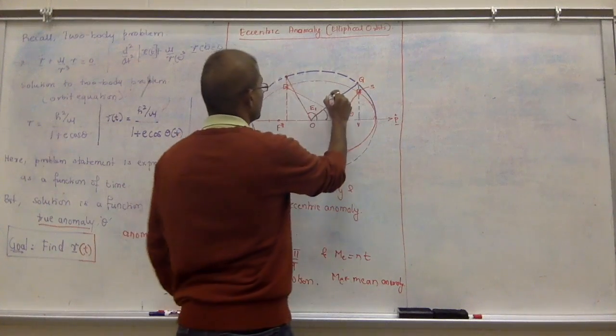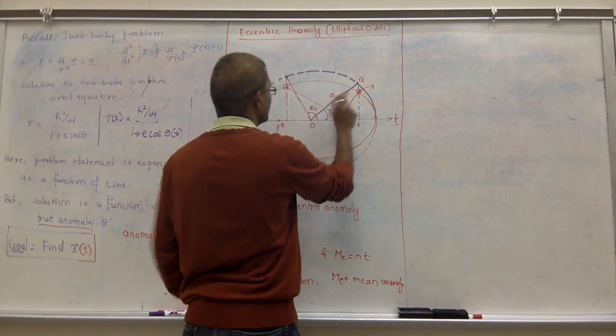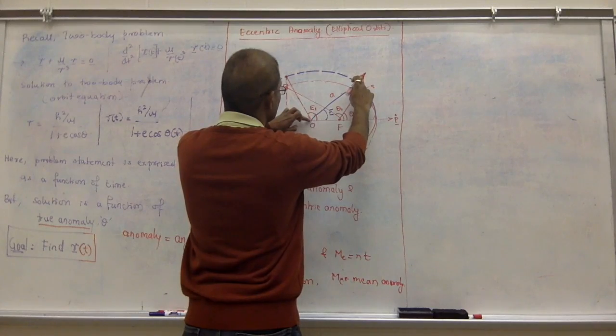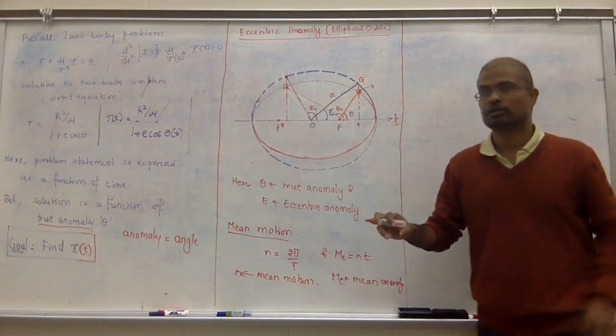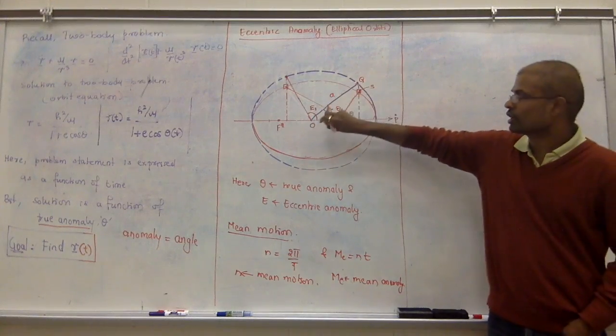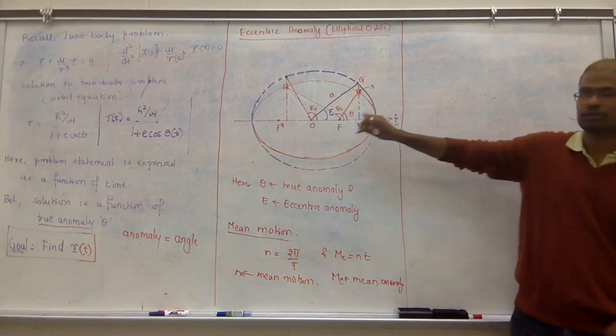If I say this distance is A, the semi-major axis, would that make sense to you? Yes, because it's the same all around, the same distance as this distance.